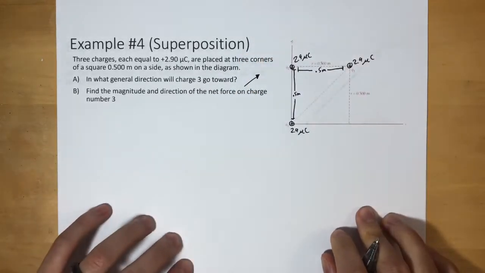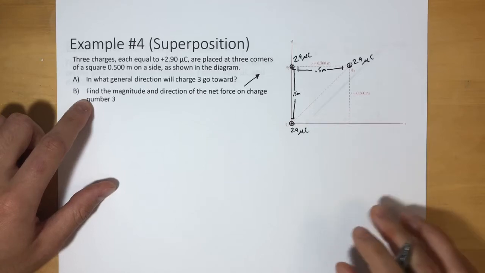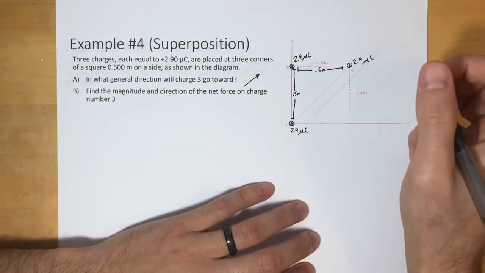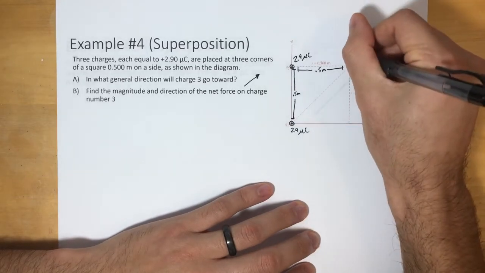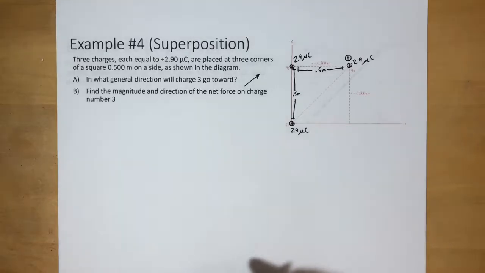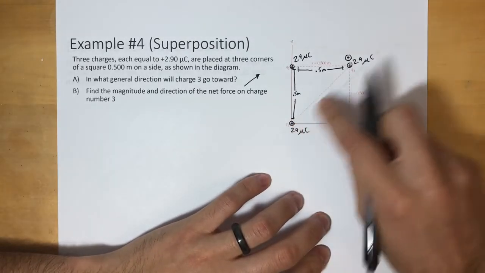Okay. Part B now says find the magnitude and direction of the net force on the charge. So now we want to figure out what this value is. There's a few things we're going to do with this. The first thing is we want to find out how much force this one is pushing on this one.